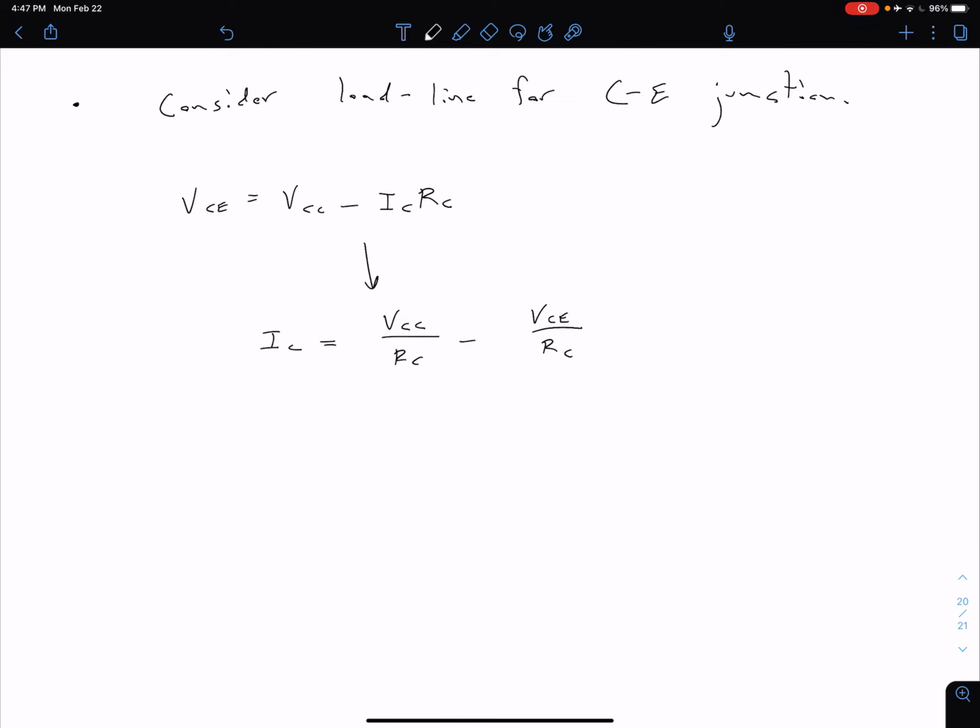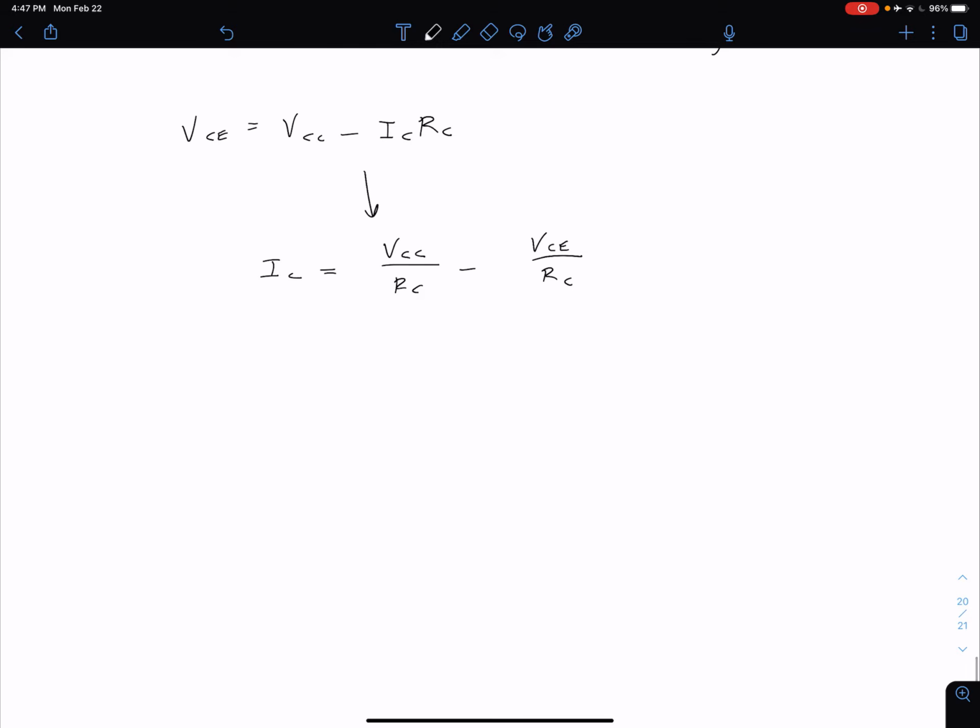The reason we want to do this is now we can easily draw this on our plot for our family of IV curves, where we have IC as our dependent variable and VCE as our independent variable. Essentially we can think of this as an equation in point slope form, and it's of course a straight line. We have endpoints with IC equals 0 and VCE equals 0.